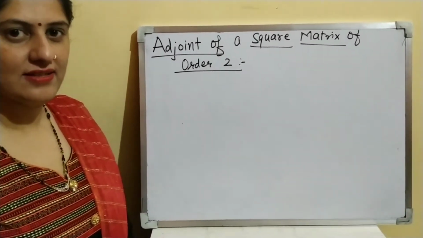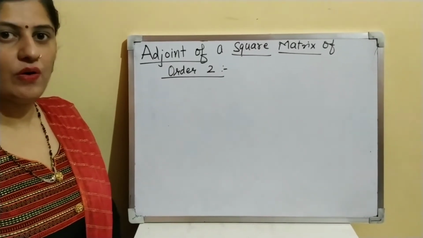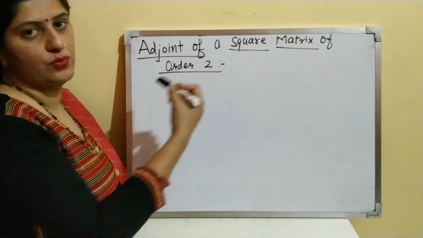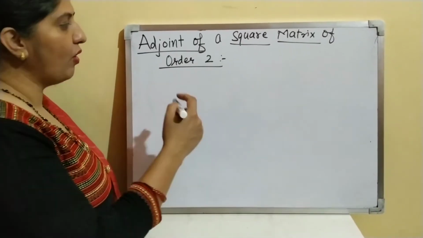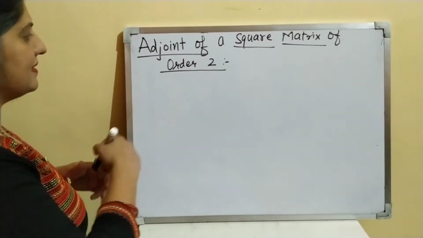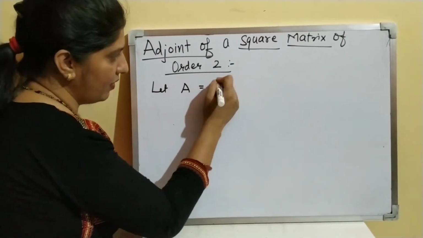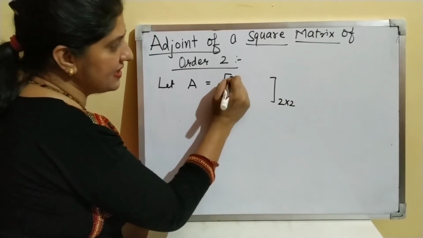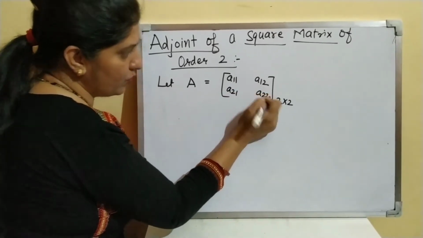Now we will discuss one example based on adjoint of a matrix. In this topic, we will find adjoint of a square matrix of order 2. How can we calculate adjoint of a matrix of order 2? Let us consider a matrix capital A of order 2 with entries a11, a12, a21, a22.